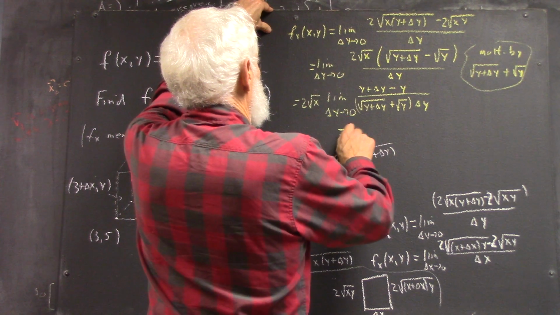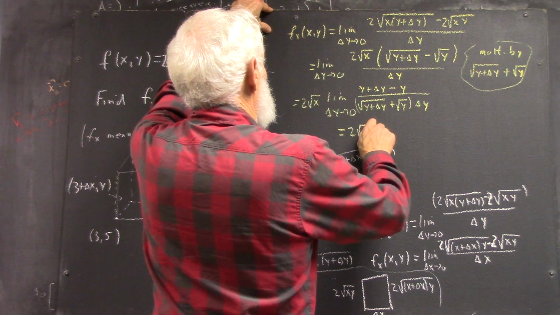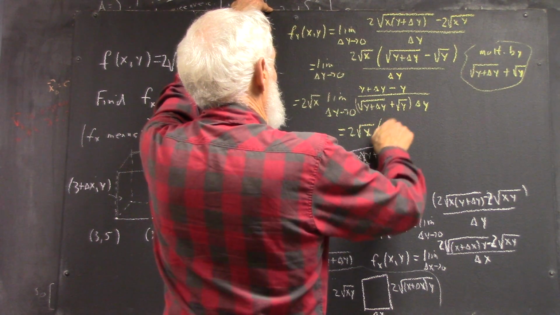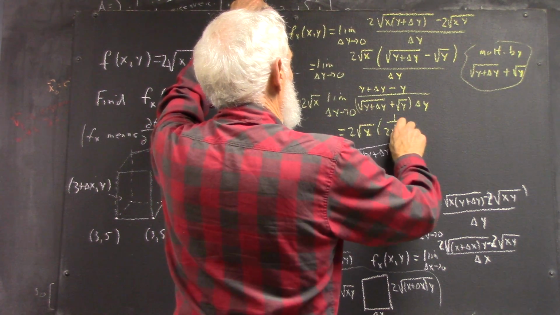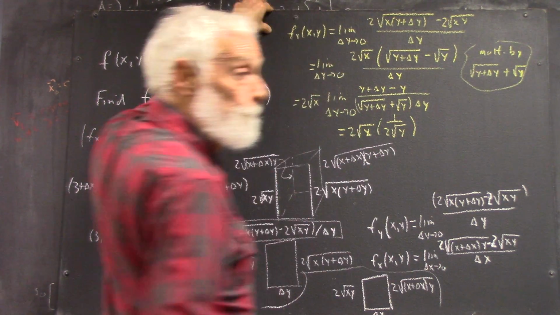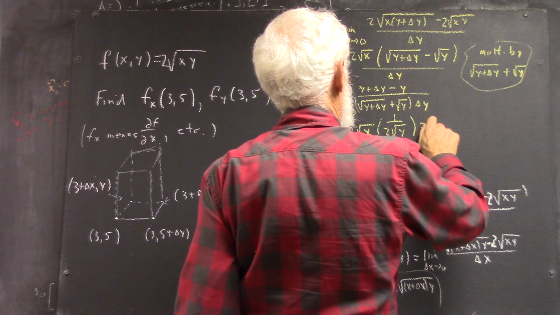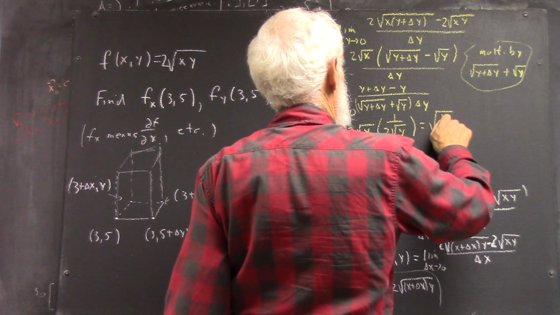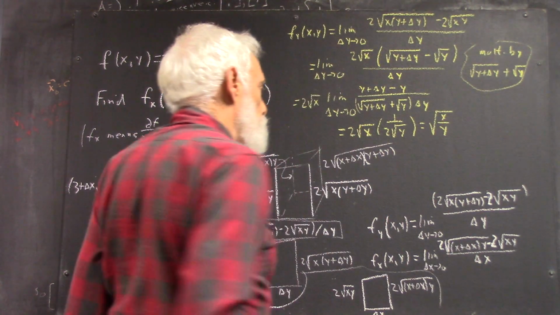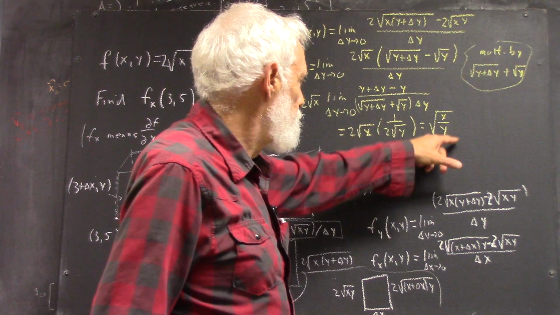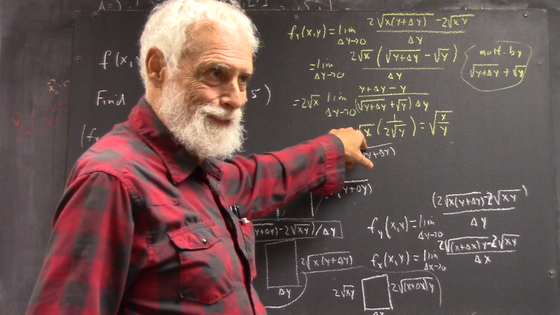So this equals 2 square root of x times 1 over 2 square root of y. Okay? Which, of course, then equals square root of x over y, but this kind of obscures the relationships, okay?